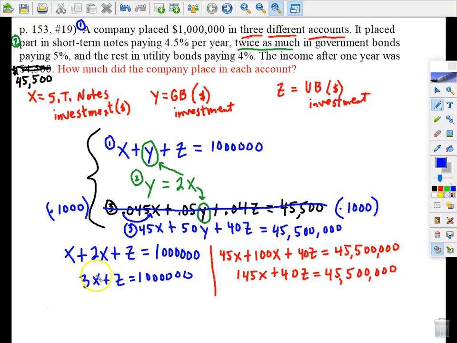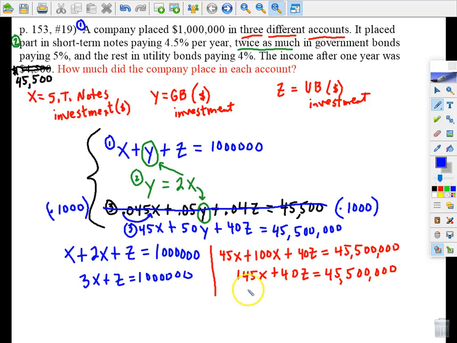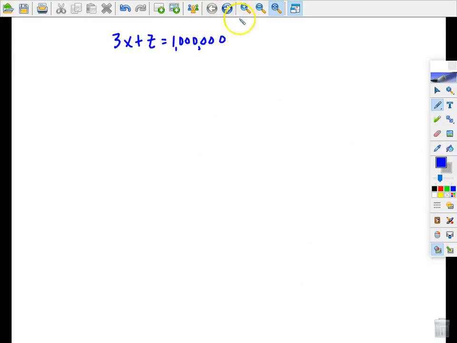All right, so 3x plus z is 1,000,000. And the other one was 145x plus 40z is 45,500,000.